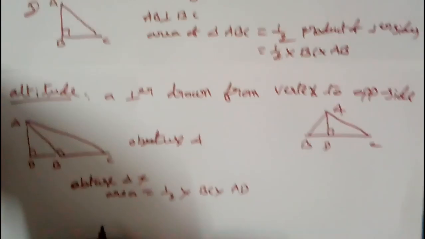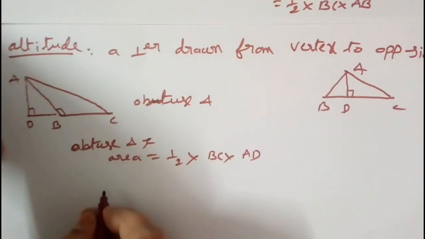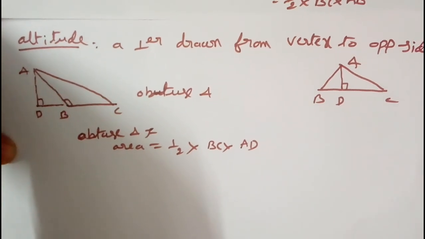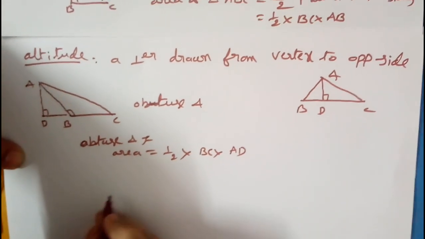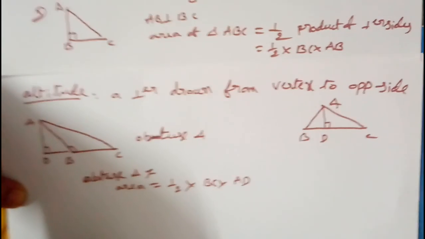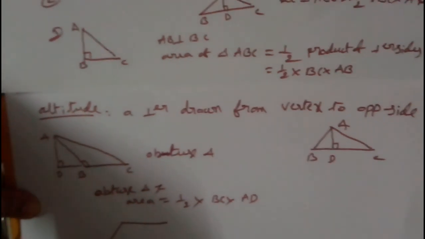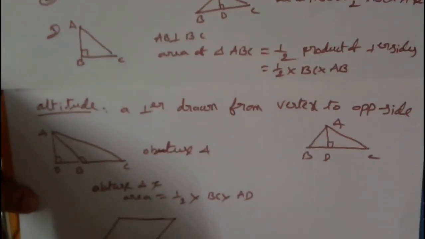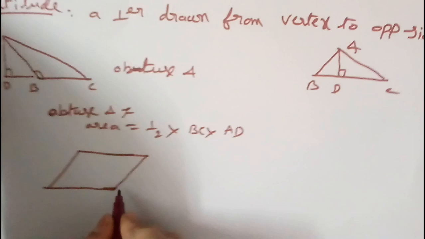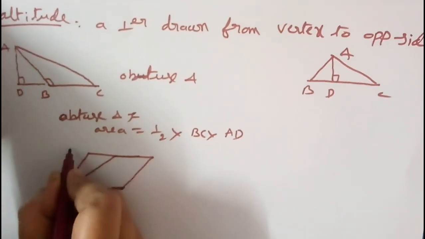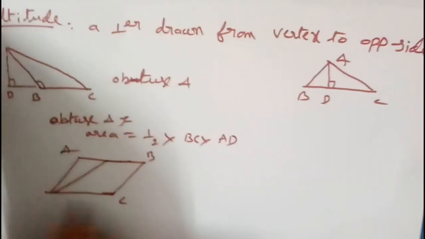Now, in 9th class, we discussed the areas of triangles and parallelograms. From this one, we will recall one concept. Suppose two parallelograms are on the same base and between the same parallels. It is a parallelogram ABCD.